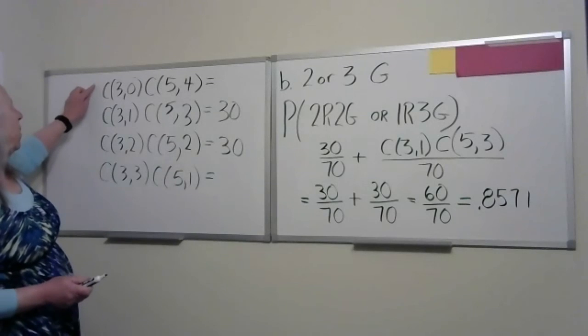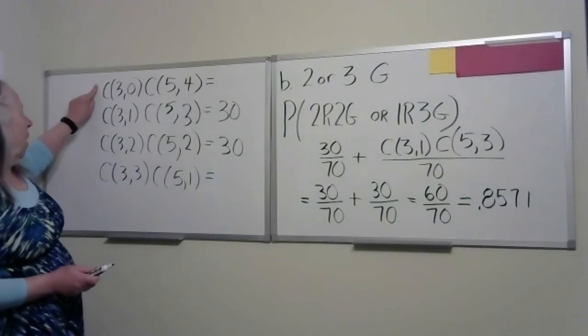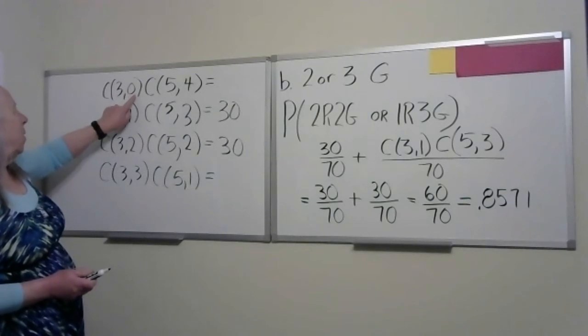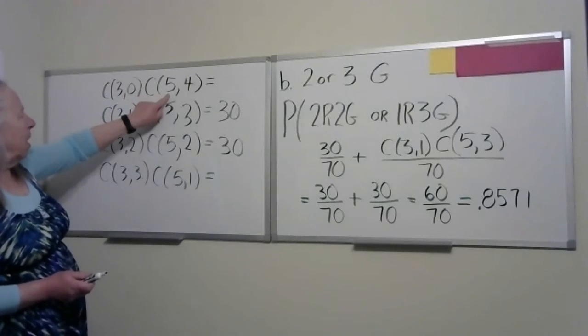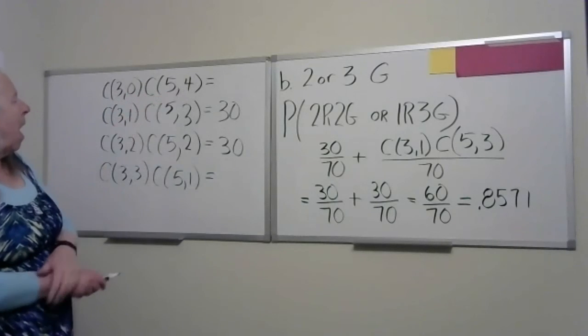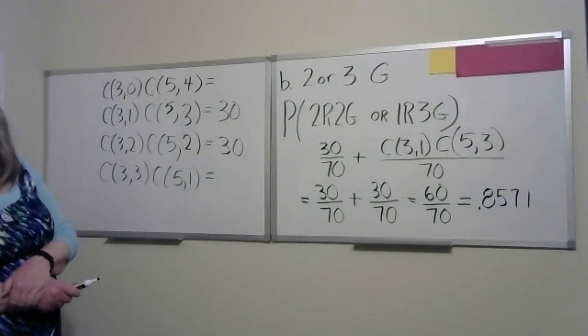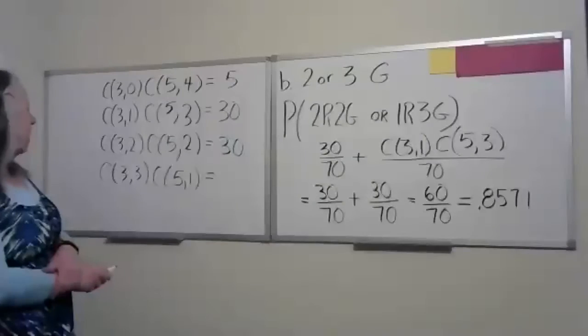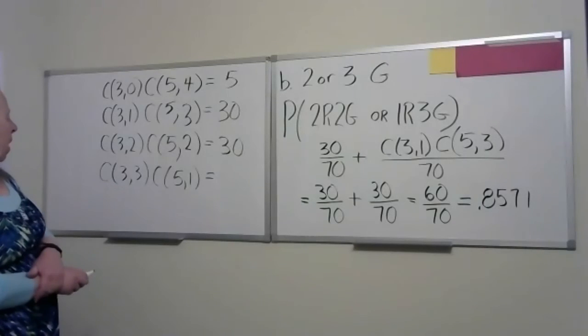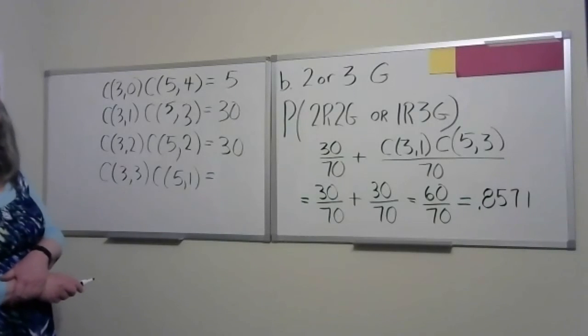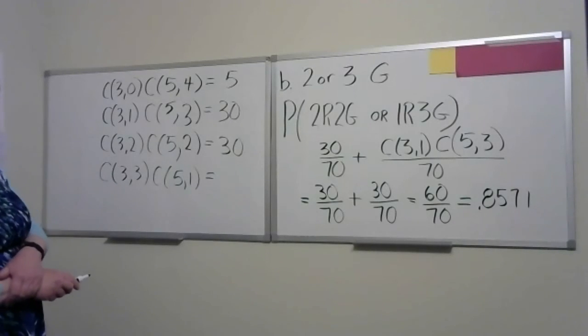Hannah, did you come up with something for choose 3, choose 0 times choose 5, choose 4? I got 5. Okay. And Zach, what about the last one? What did you come up with for that? 5.